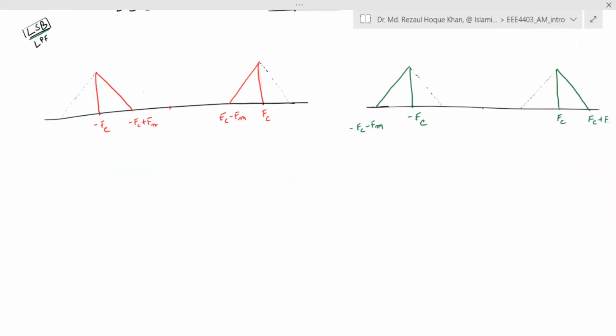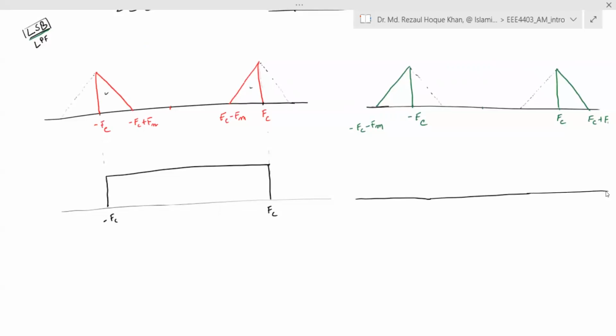If I pass this signal through a low pass filter which has a frequency range from minus FC to FC, then I will actually pass this signal through this low pass filter, right? Or if I want to have the upper sideband, what will I have to do?